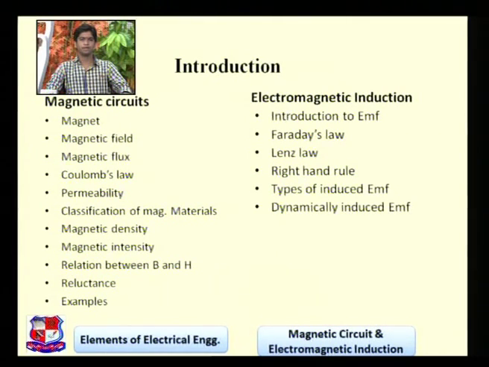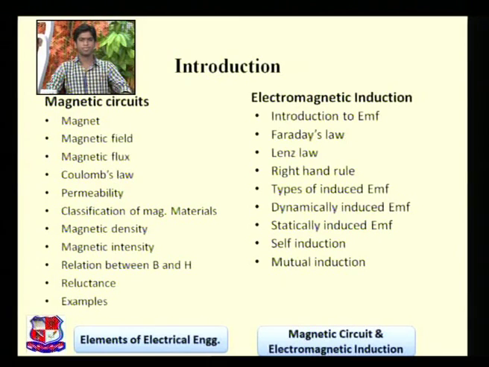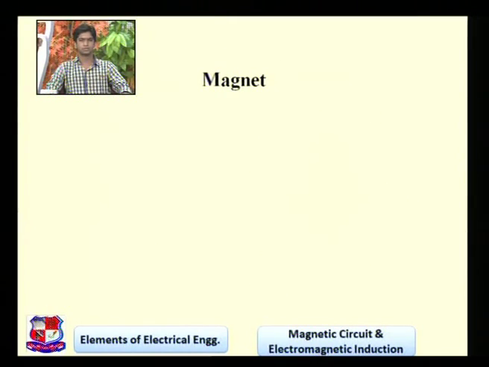After that we will have dynamically induced EMF, which is a type of induced EMF. Then the second type of induced EMF is statically induced EMF. Then we will see what is self-induction and what is mutual induction. And finally we are going to see the applications of electromagnetic induction.